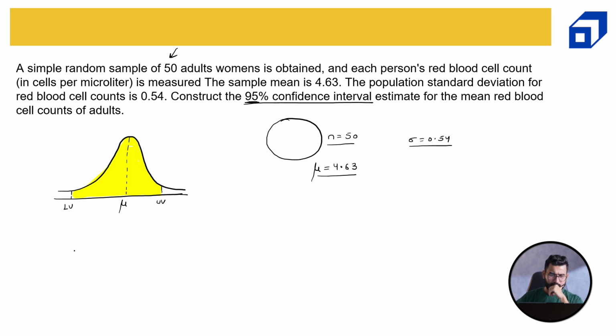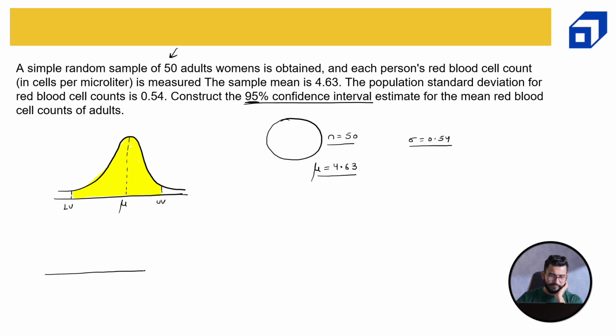Now we already know that from the mean, if I go below 2 standard deviations and above 2 standard deviations, I get 95% of my data, using the second property of the normal distribution. But that is not exactly 2 standard deviations, I'll just tell you.